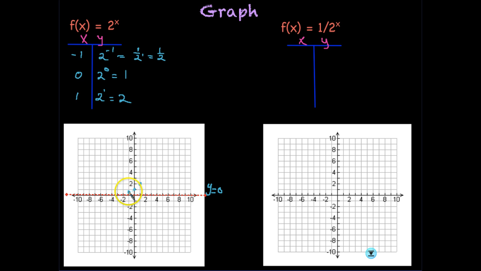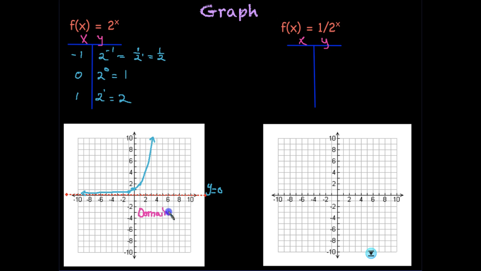All you need are these 3 points to help you with your curve. From here you can sketch your function up and you can sketch your function down. And remember that this function is going to get closer and closer to this asymptote, but it's never going to cross it.